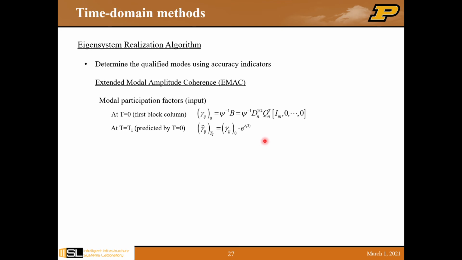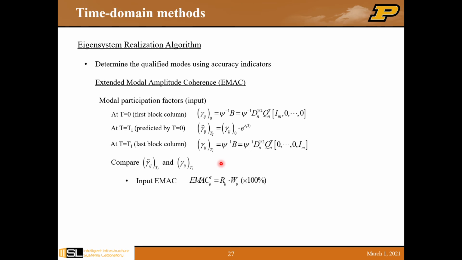We can also extract the modal participation factors from the last block column. Then we obtain gamma ij ti, and eventually we can compare gamma ij tilde and gamma ij at t equal to ti.